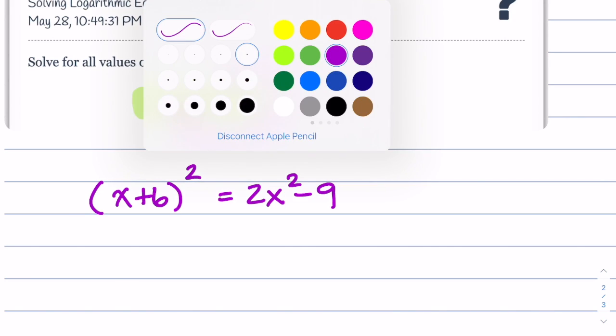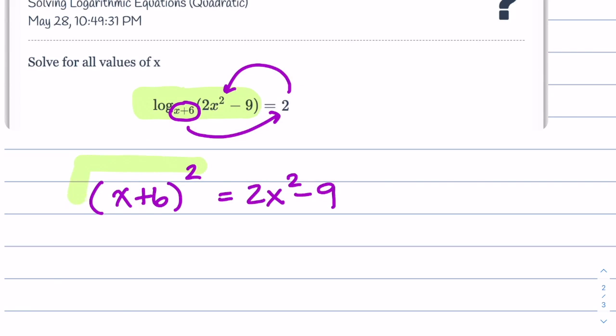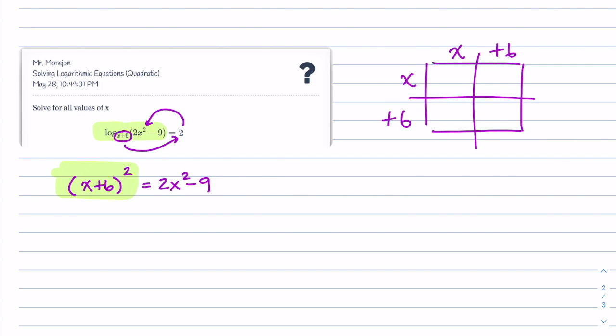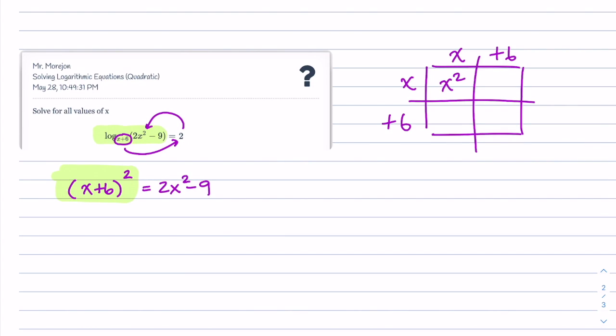So the thing with this part right here is we need to expand this. So we're going to do a quick little side X box over here. This isn't the factoring X box. This is to figure out the expanded version of the left side. So this will be x squared, 6x, 6x, 36.